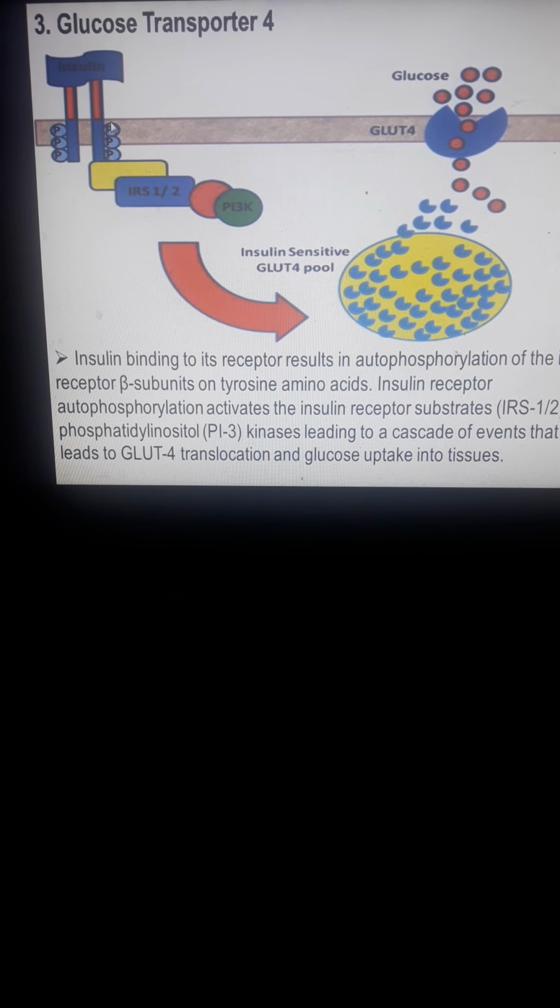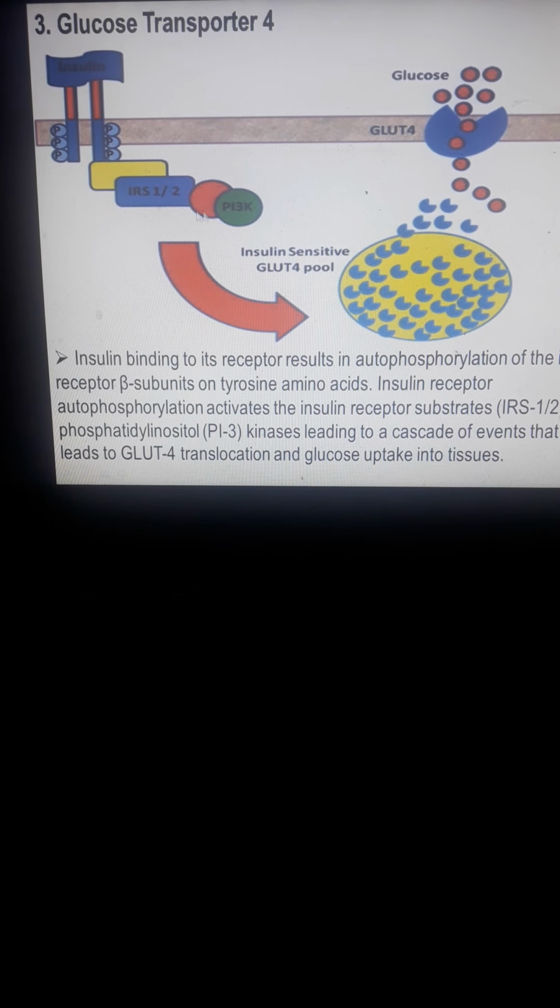Autophosphorylation, that is automatic. Okay, next, after the autophosphorylation process, it activates the insulin receptor IRS 1, 2, and then the phosphatidylinositol or PI3 kinase enzyme.